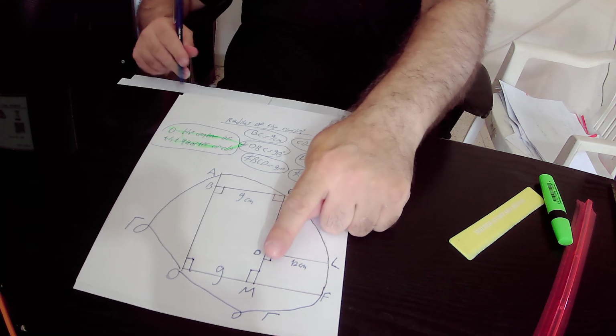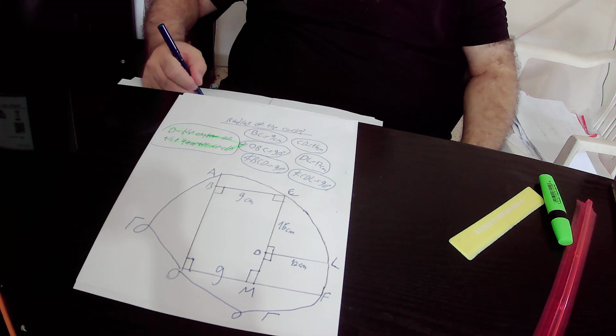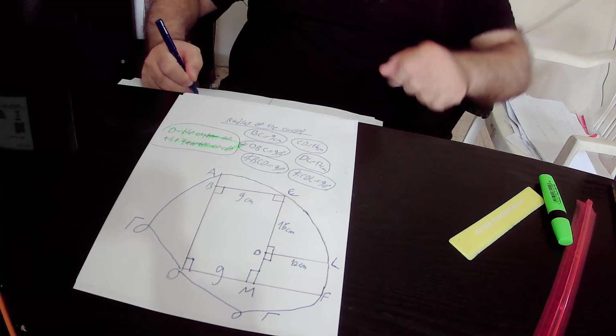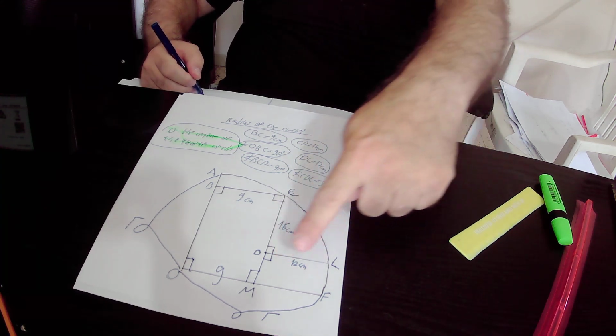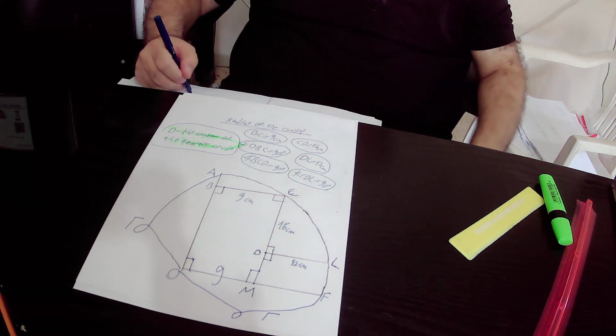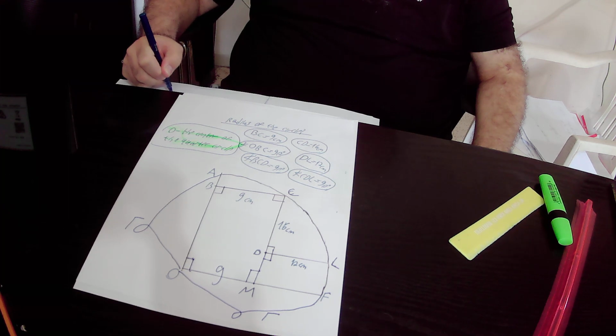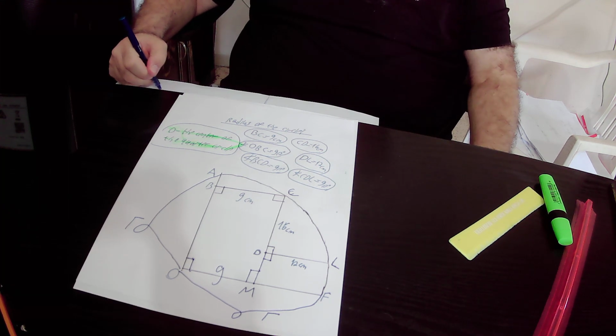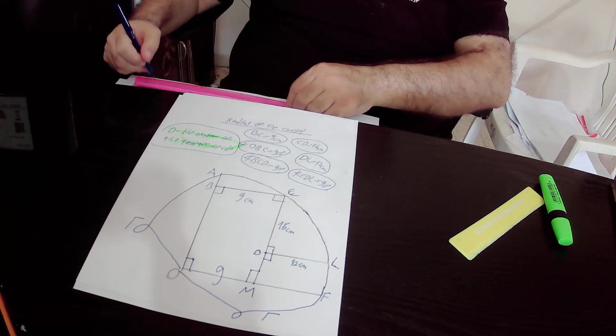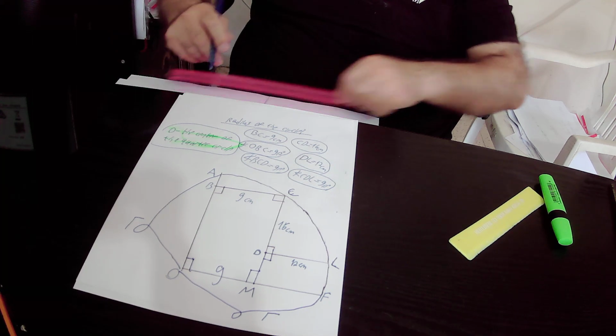We have here 90 degrees plus this angle, which is actually angle DMF. In total, the sum of those two angles must be equal to 180 degrees, according to rule number 3 that states that the sum of the angles on one side of a straight line is equal to 180 degrees.